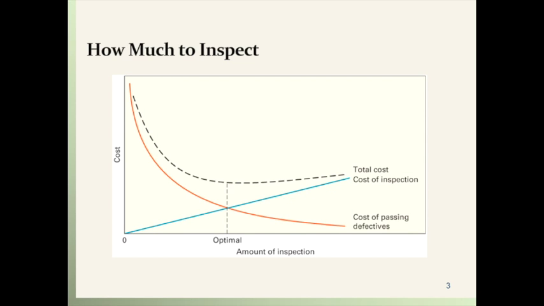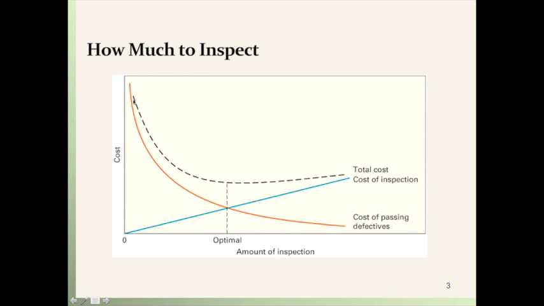If you're inspecting at the tail end, this is the cost of giving the customer something bad. And then this is the cost of inspection. So the more you inspect, the less likely you are to give the customer something bad.